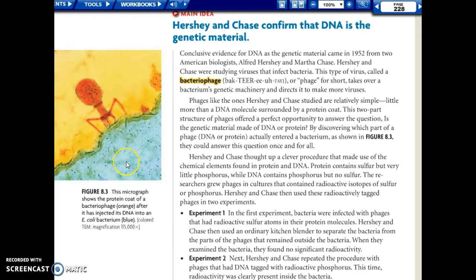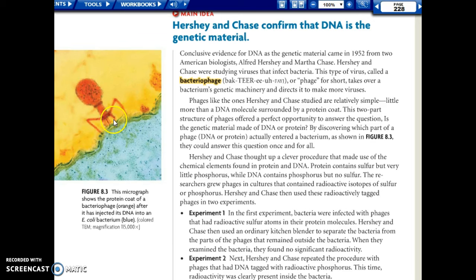So looking at this picture, let's talk about what they did. This is a bacteriophage, and this is a bacteria. We already know that bacteria are really small, so if this is a bacterium, then this bacteriophage is really small. What we see on this image here, the red part, that is the outer part of this bacteriophage.